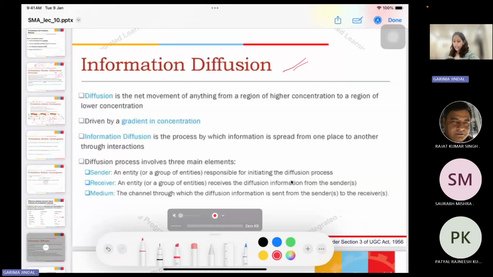Correct. Diffusion is the net movement of anything from a region of higher concentration to a region of lower concentration. In simple words, it is how any information spreads in a network. The study of this particular phenomenon is called information diffusion. Sometimes, for example when you are advertising, you want to select certain nodes, certain people or influencers, through which your information should spread fast.